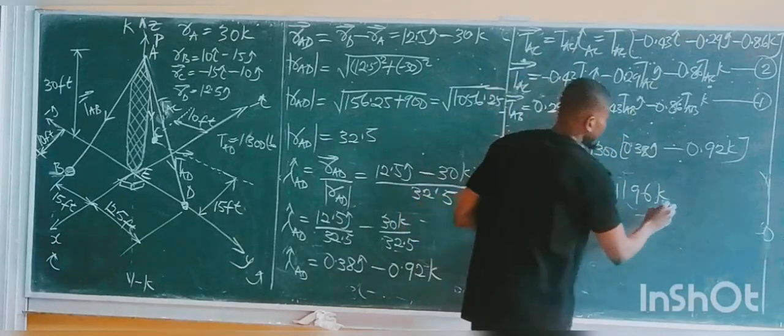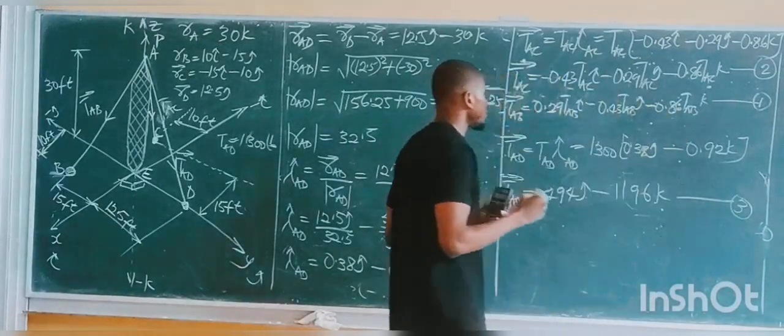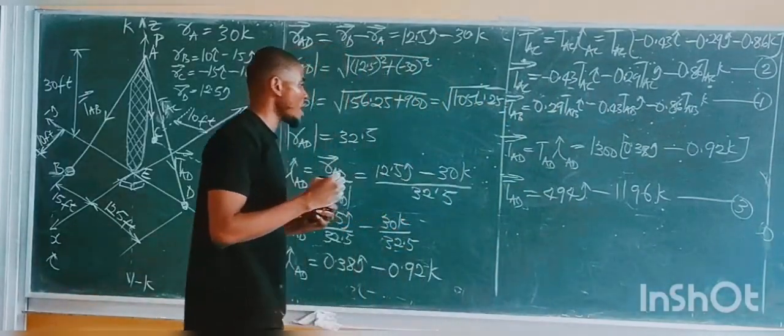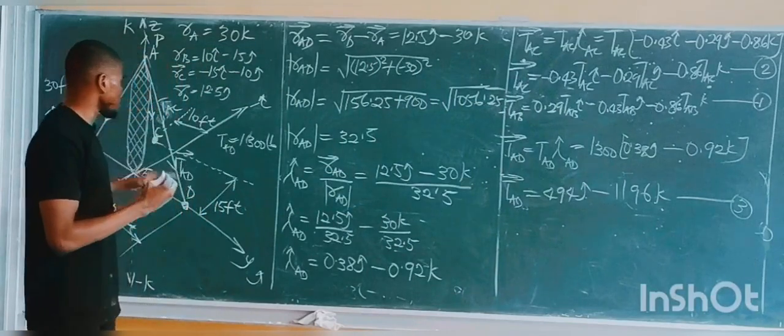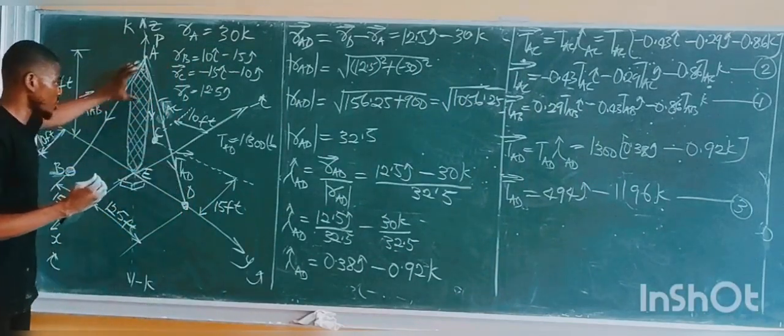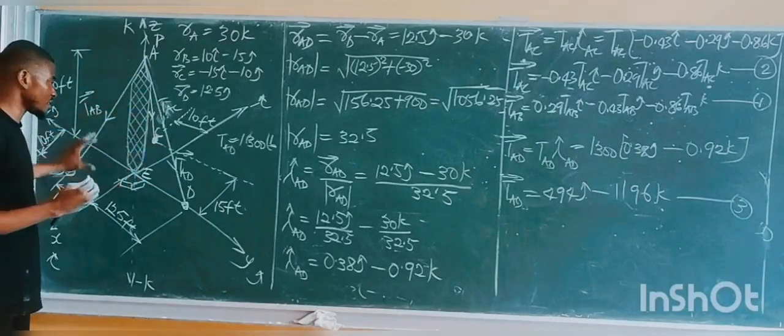You can call this equation 3. So equations 1, 2, and 3 show us the position vector of the entire tension acting on the system, on this cable.